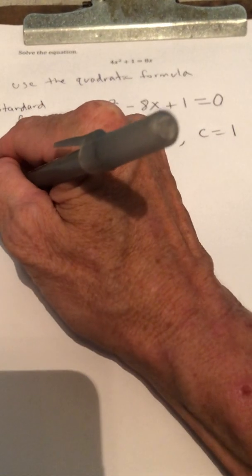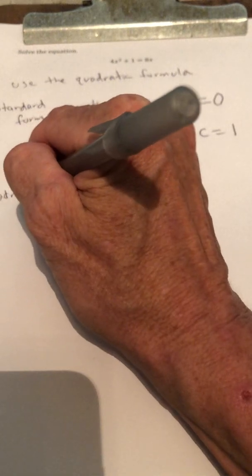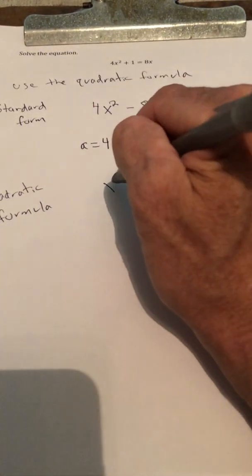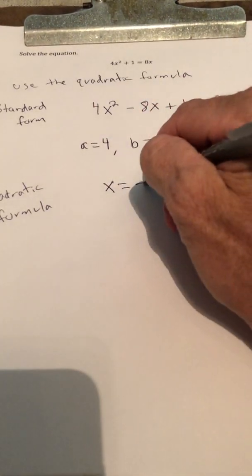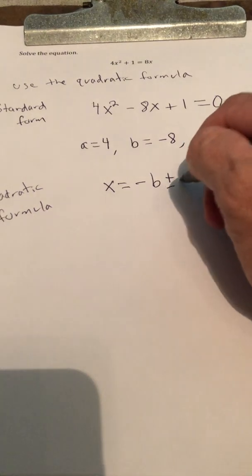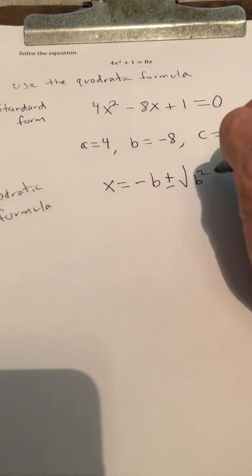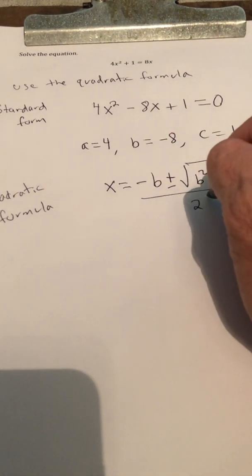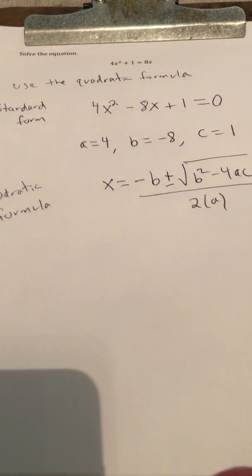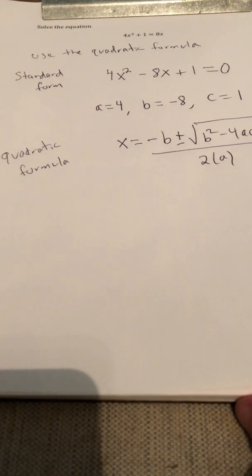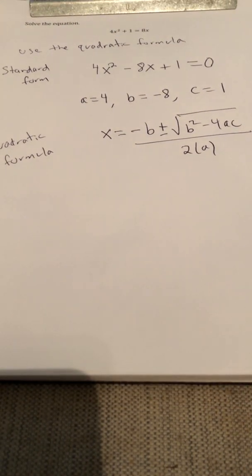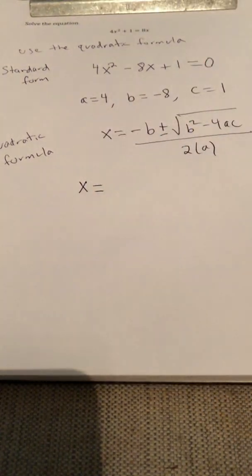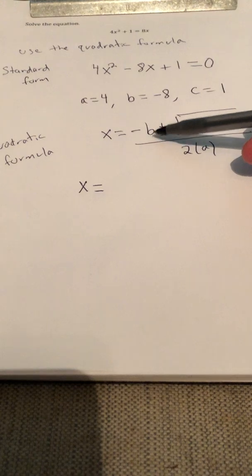Again, the quadratic formula. Write it down. x is equal to negative b plus or minus the square root of b squared minus 4ac over 2a. So x is equal to, let's see, what is negative b?